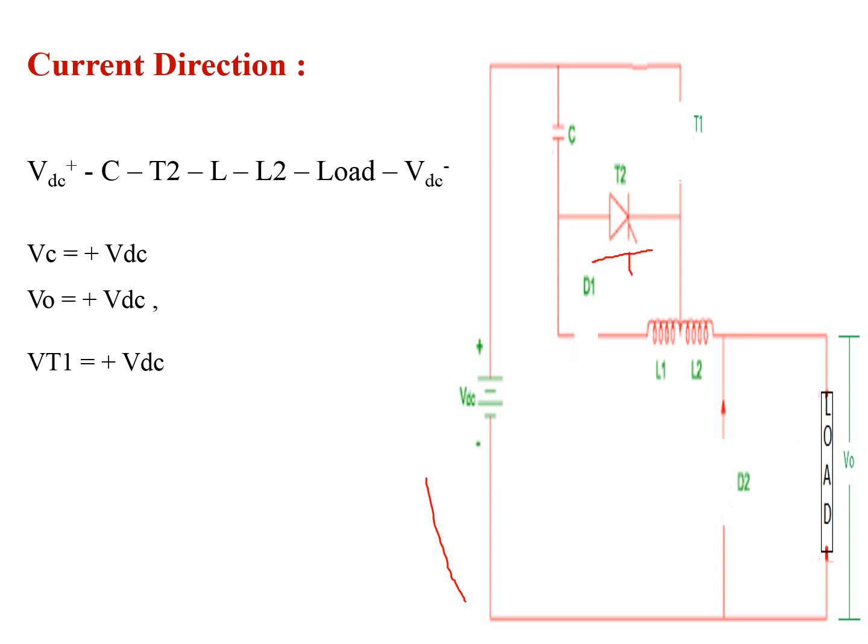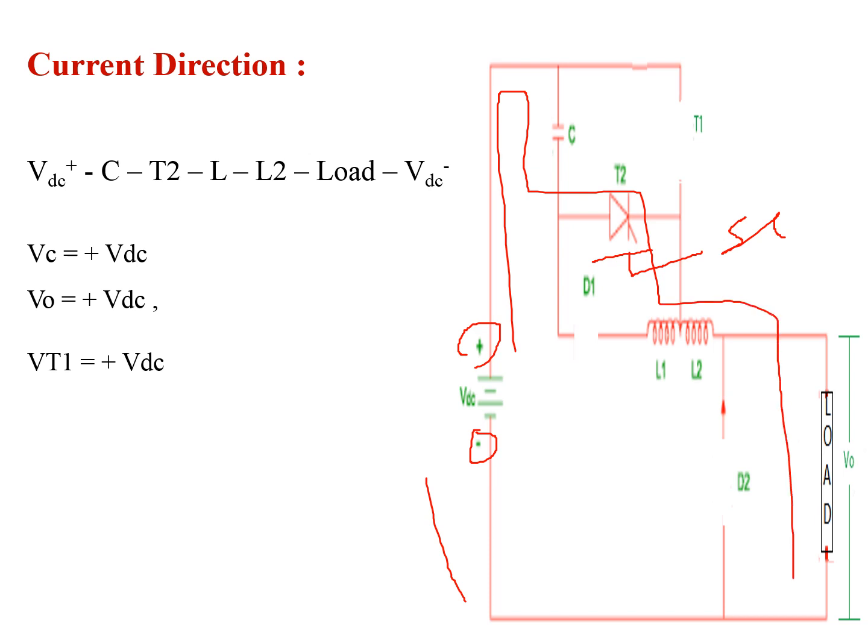It allows current to flow from VDC plus to VDC minus in the path: VDC plus, capacitor, thyristor T2, L, L2, load and VDC minus, that is in this path.